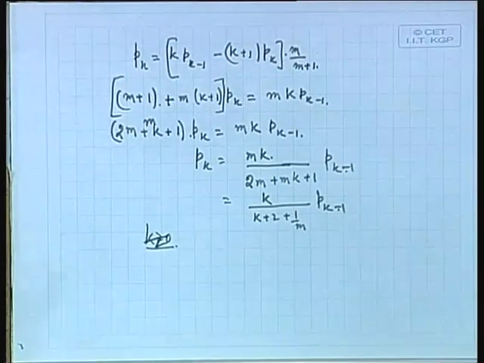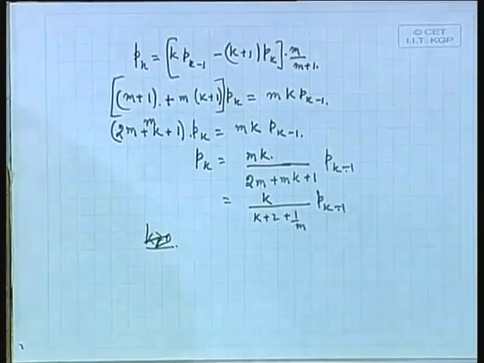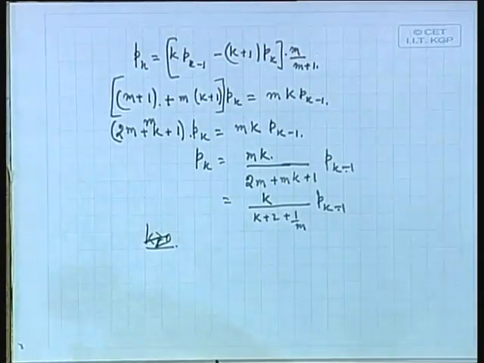There is a situation where this new node is coming for k is equal to 0.